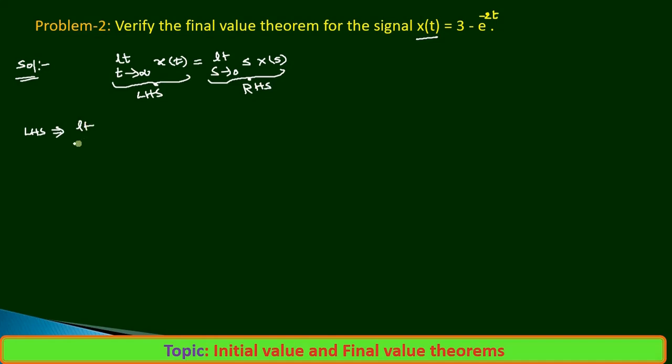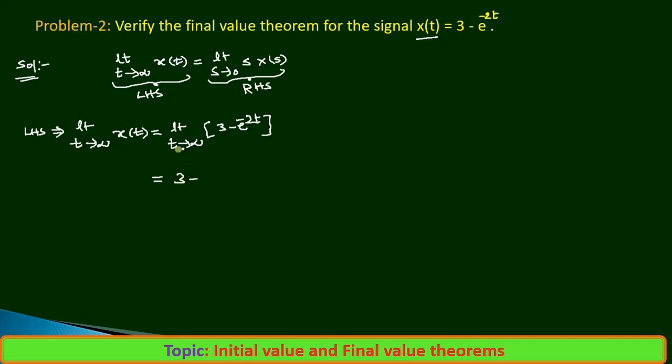So LHS equals limit t tends to infinity of x(t). The signal x(t) is given as 3 minus e^(-2t).